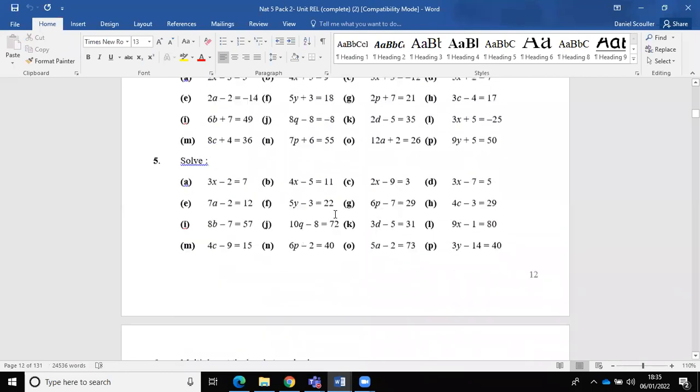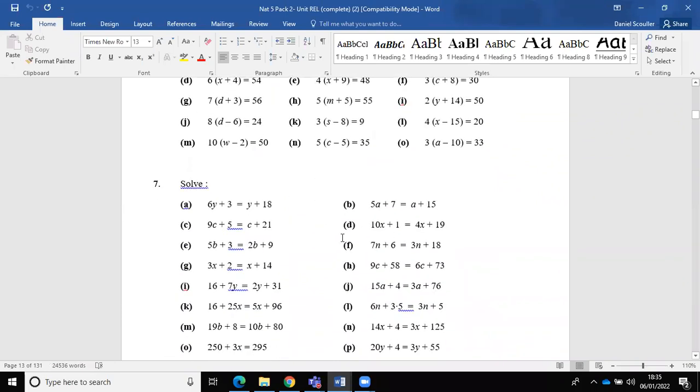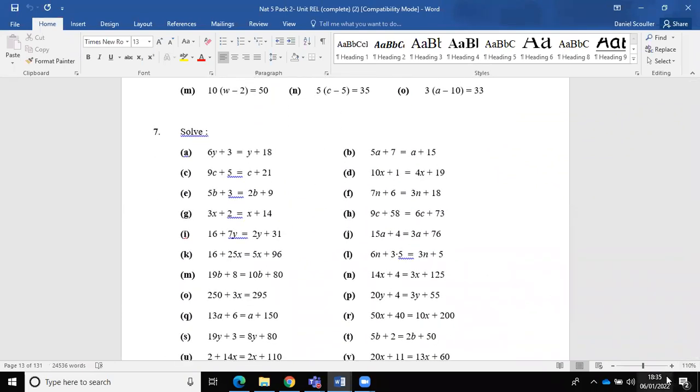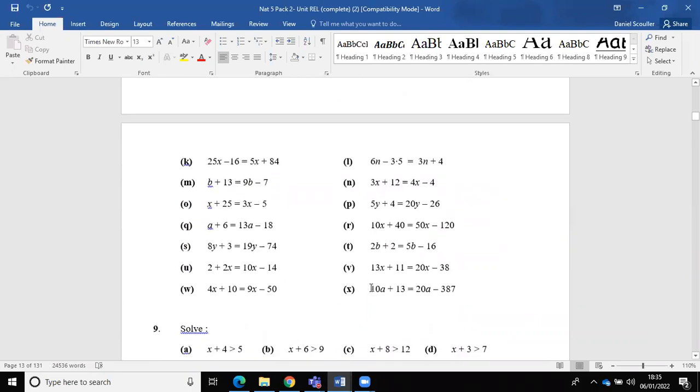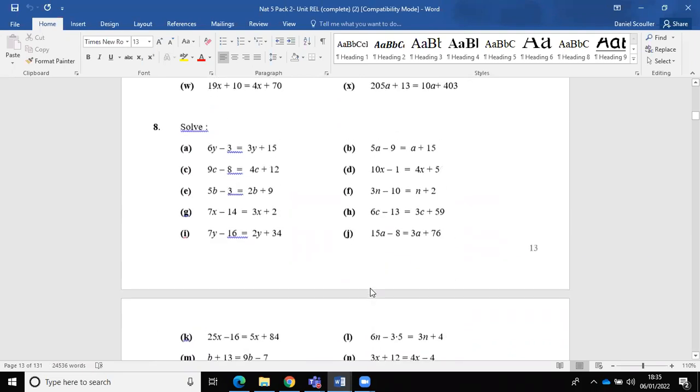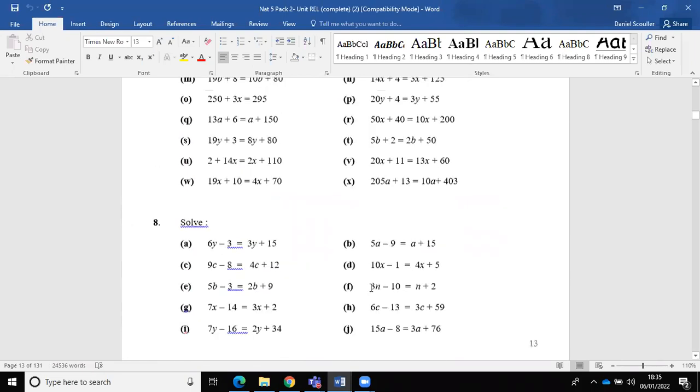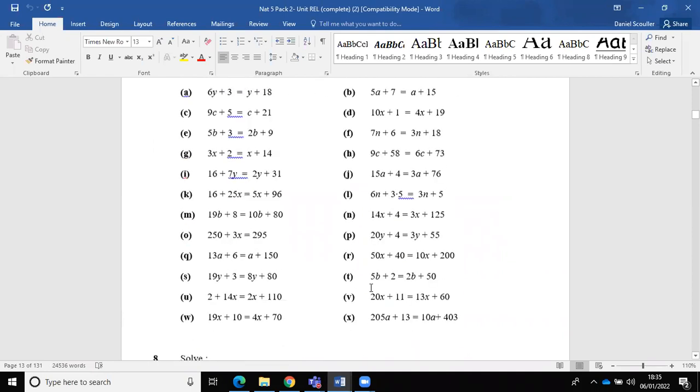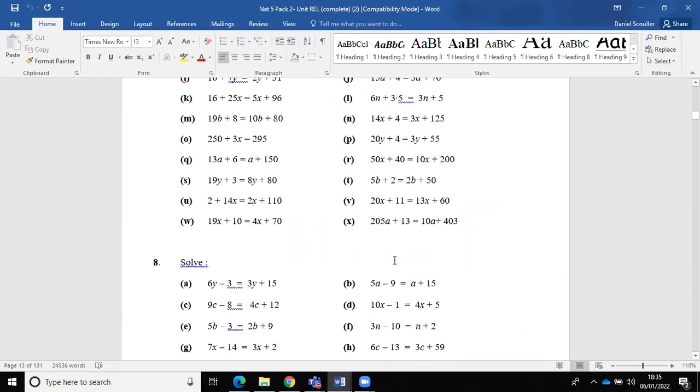If any answers don't make sense, give me a wee shout. We'll take just 15 minutes to allow you to open that up and have a wee go. So page 13 and 14, and we're looking at questions 7 and 8.